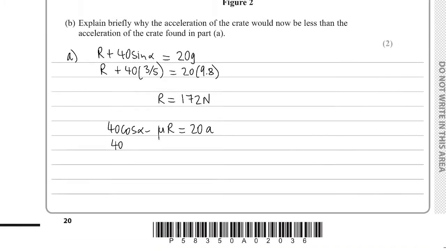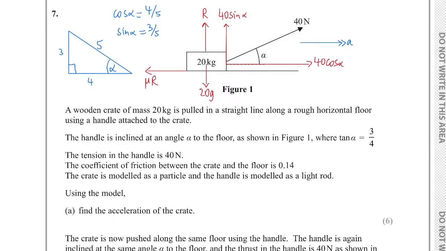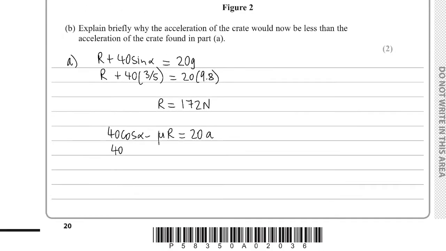We know that cos alpha is 4/5. Mu is 0.14, and we found R to be 172. So we'll do all of that and then divide by 20 to get the answer. And we get an answer of 0.396, and that's meters per second squared.